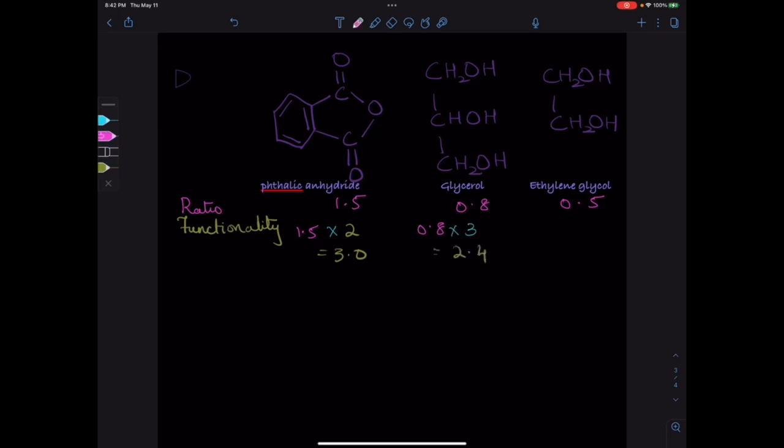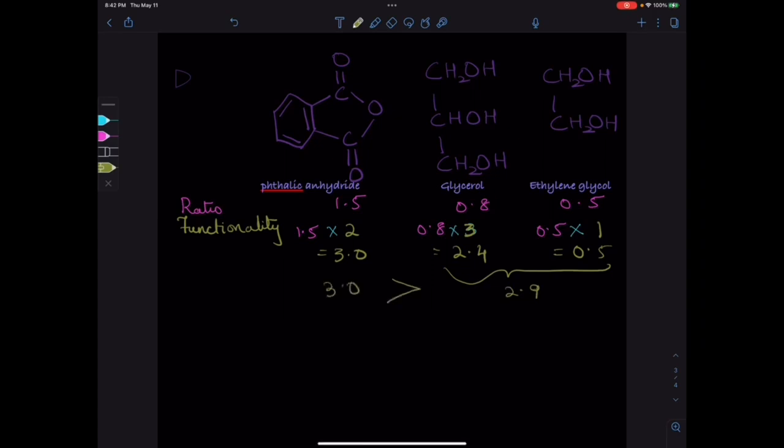And for ethylene glycol, 0.5 times 1, which is 0.5. So the total hydroxy functionality is 2.4 plus 0.5, which is 2.9, and the carboxyl functionality is 3.0.